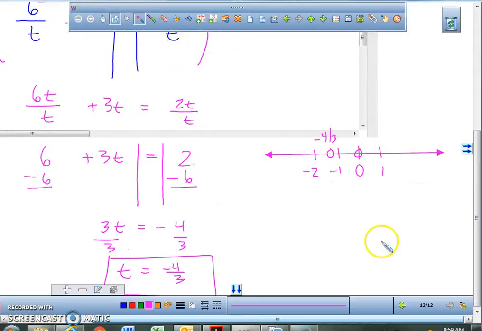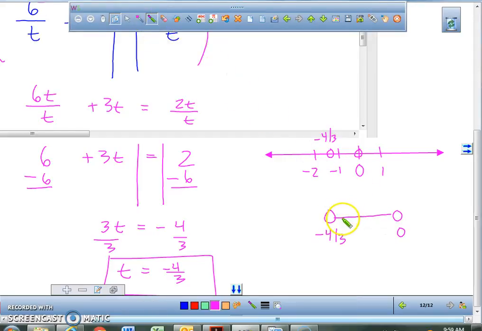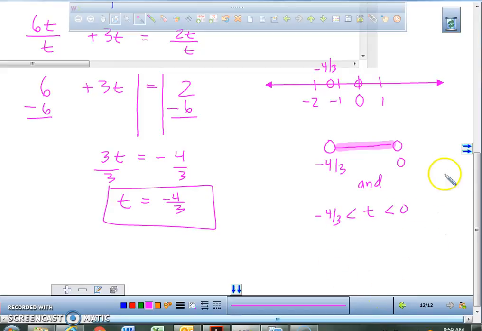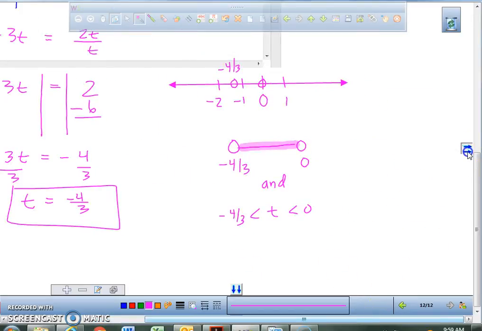One of our answers could be between negative 4 thirds and 0, where you connect and shade everywhere in between. This statement would be an and statement, where you would say all the values of t are less than 0 and greater than negative 4 thirds. That could be one of our answer choices.